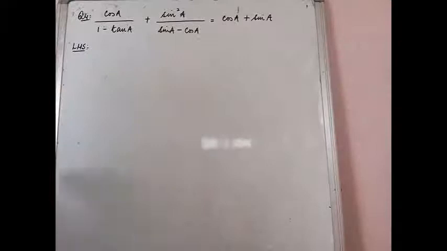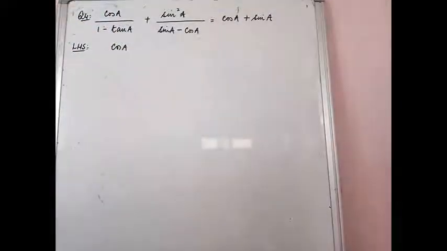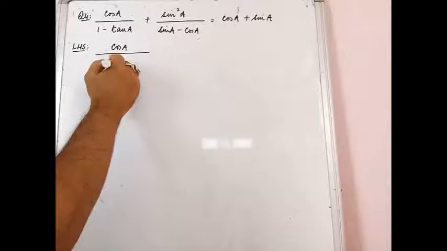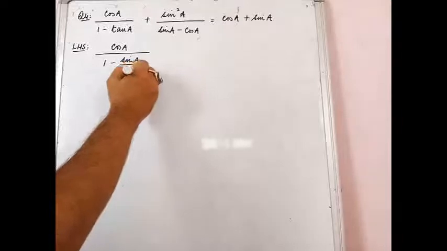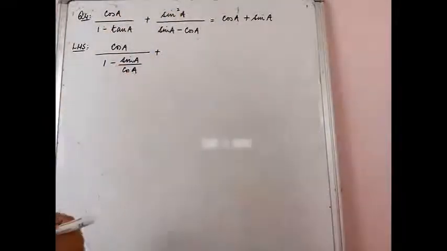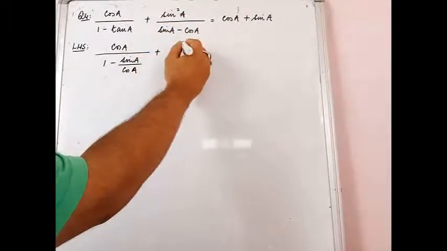On the left hand side, as you can see, we have cos A upon 1 minus, this tan A can be written as sine A upon cos A. Similarly on the right hand side, as you can see, there is nothing to be changed. You have the simplest of the ratios.